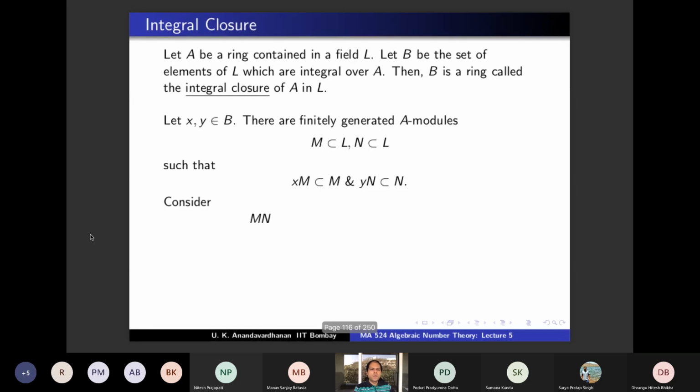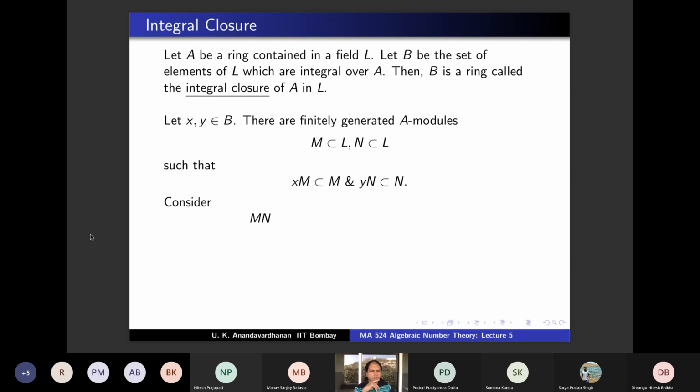Now with M and N, you form this product. In module theory, you take sum of modules, but do you take product of modules? Here I have this notation MN, and the only word to use is a product.